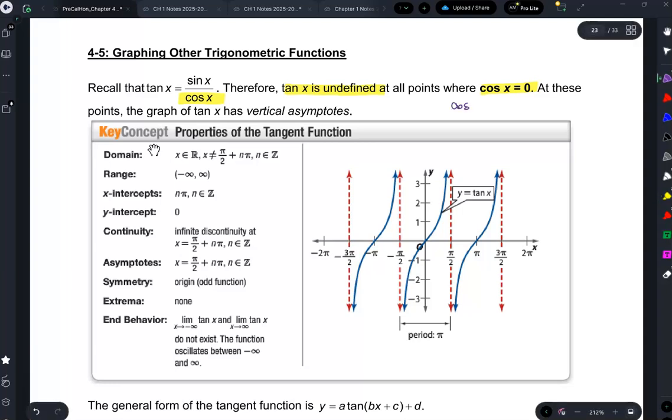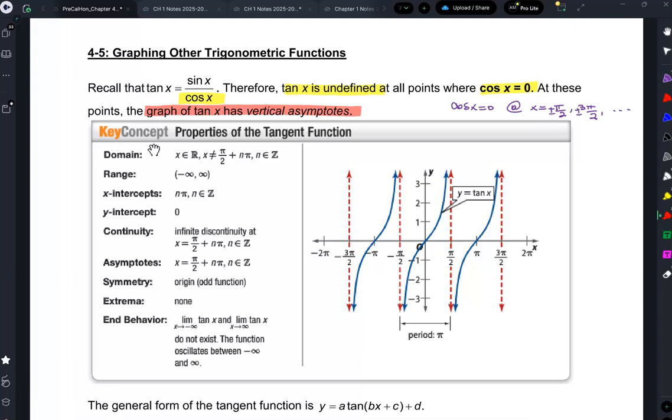Cosine of x is 0 at x equals pi over 2, 3 pi over 2, and so on, but also the negatives of these, so plus, minus, plus, minus. At these points, the graph of tangent has vertical asymptotes.